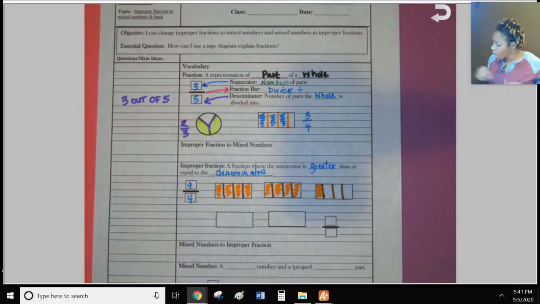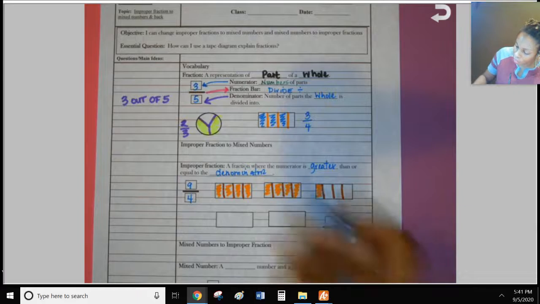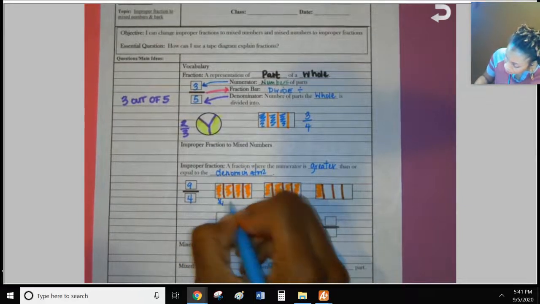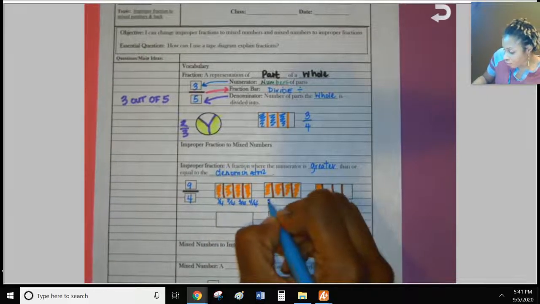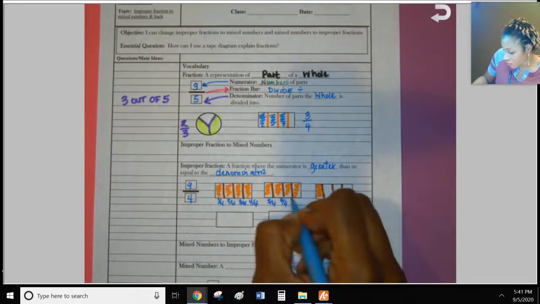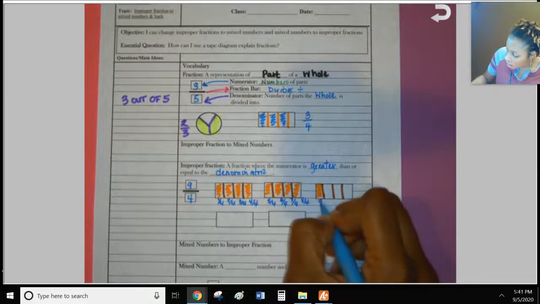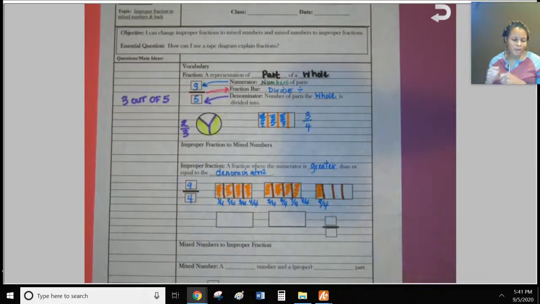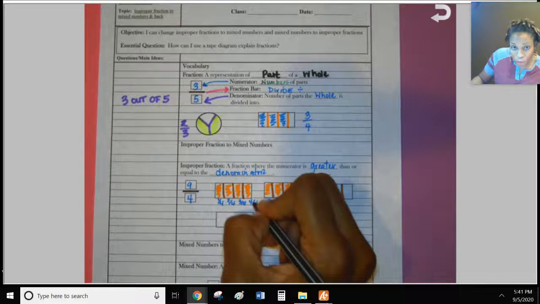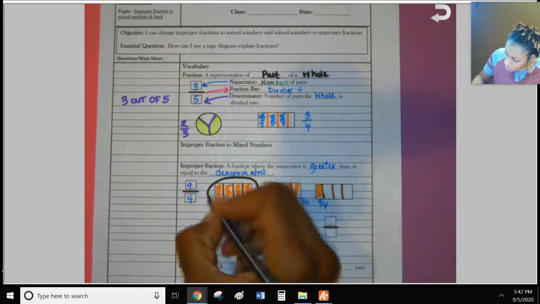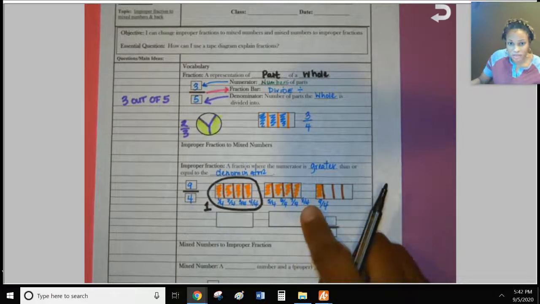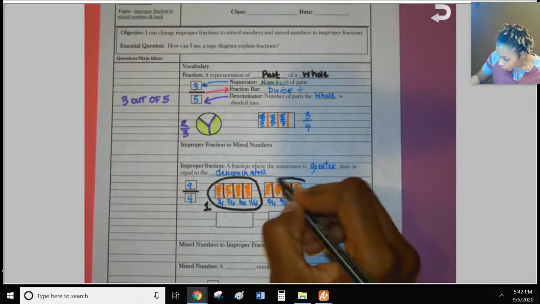I have 1/4, 2/4, 3/4, 4/4, 5/4, 6/4, 7/4, 8/4, 9/4. But not only do I see 9/4, I also recognize that I see a mixed number here. We know that 4/4 is the same as 1 whole. We also see that this 8/4 is another whole.